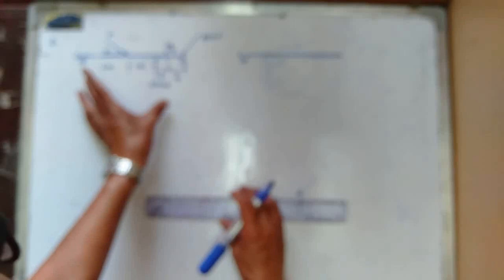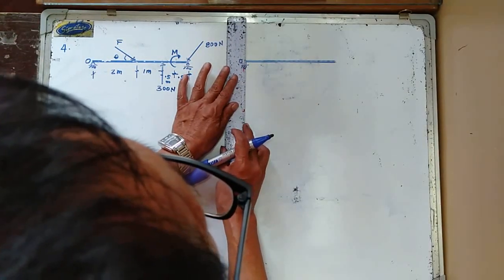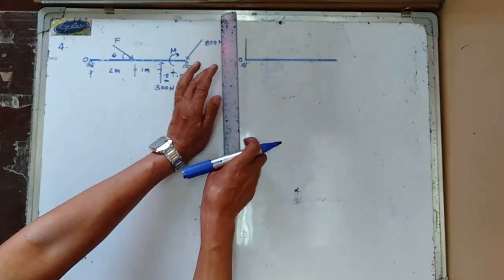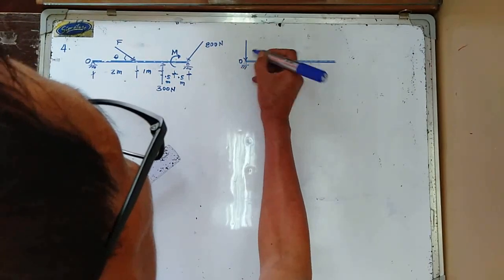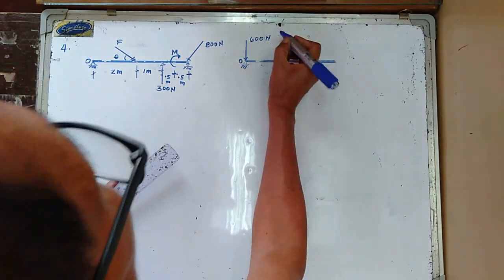So the equivalent force system of the original system has a resultant force of 600 Newton acting vertically downward at O. So this is therefore the resultant force, which is equal to 600 Newton.